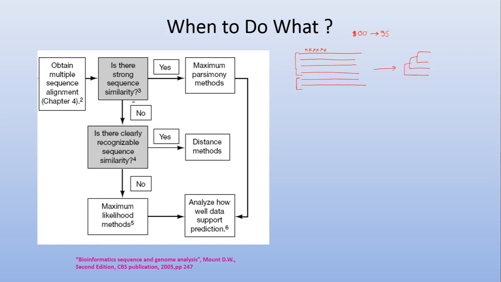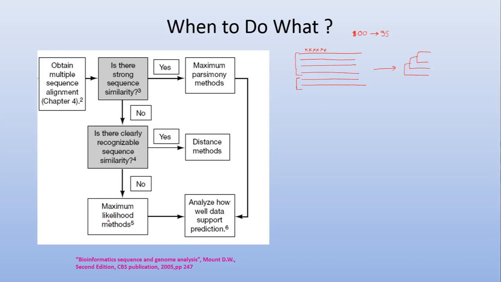So this is a typical protocol that is followed when you perform phylogenetic analysis. Based on the sequence conservation and the number of sequences present in your multiple sequence alignment, you would select an appropriate tree reconstruction method, which can be either character based or distance based.